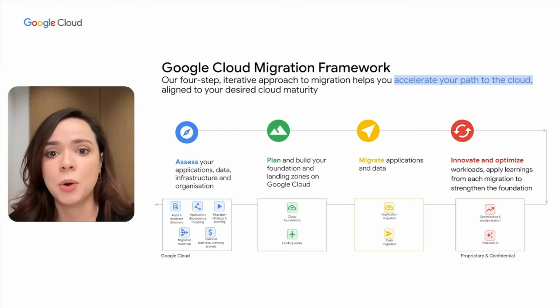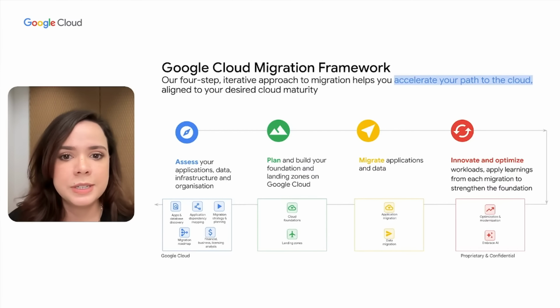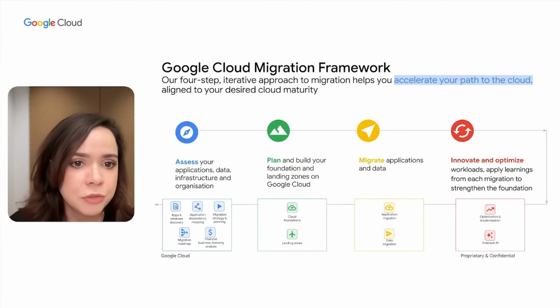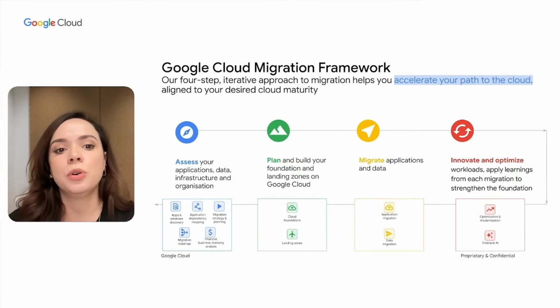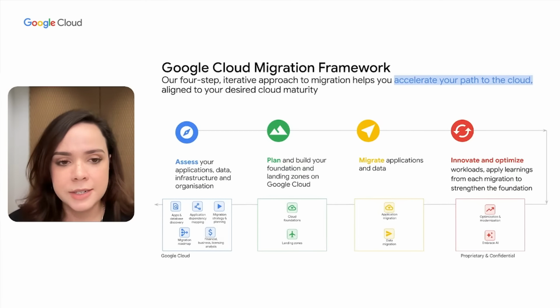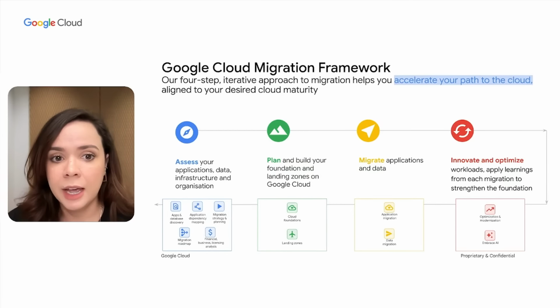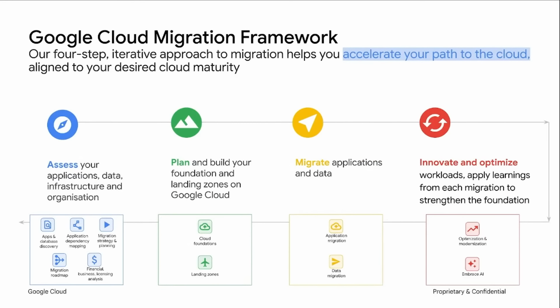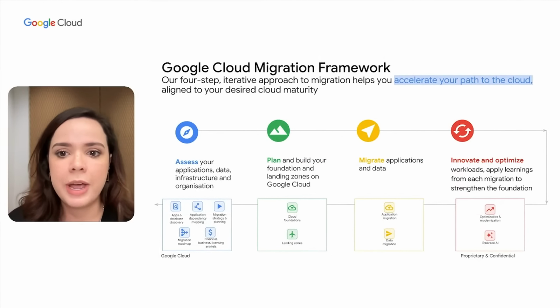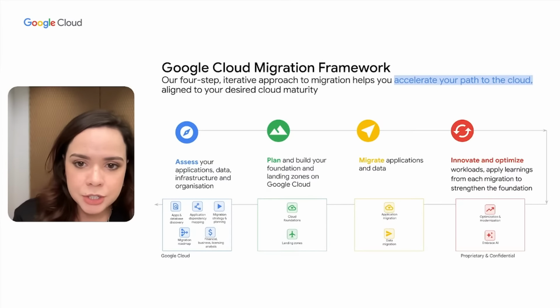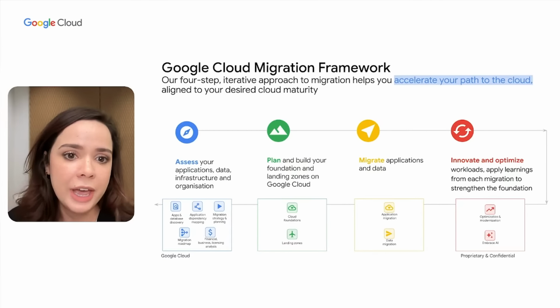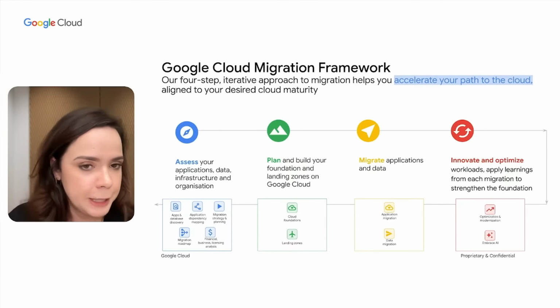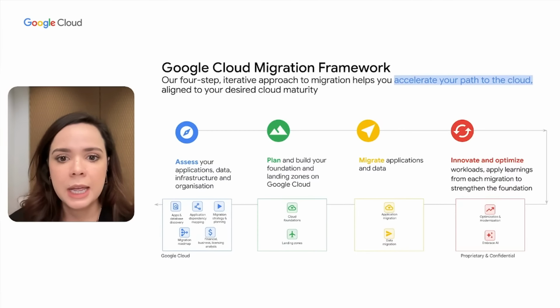Then you have to plan. So create a roadmap. You decide what you want to move, when to move it, how to move it. You build your cloud foundations and your landing zones, which would be basically the first basic infrastructure of how your application would look like in the cloud. Then you migrate, which is the actual execution. You move your applications and your data to the cloud. We have tools that can help you with application migrations and data migrations.